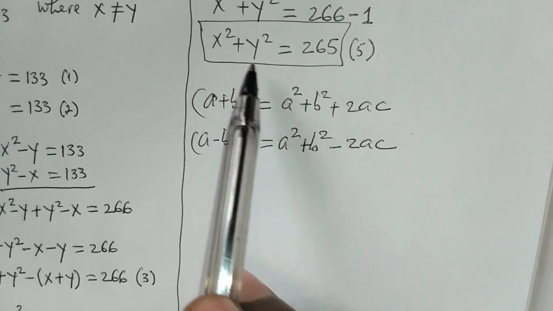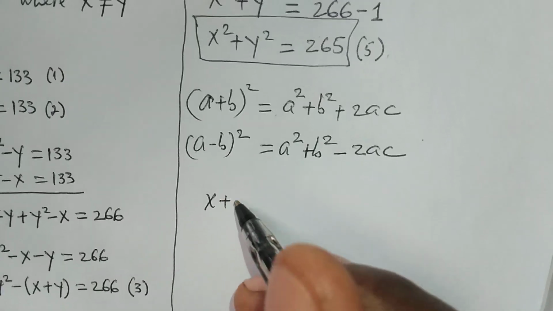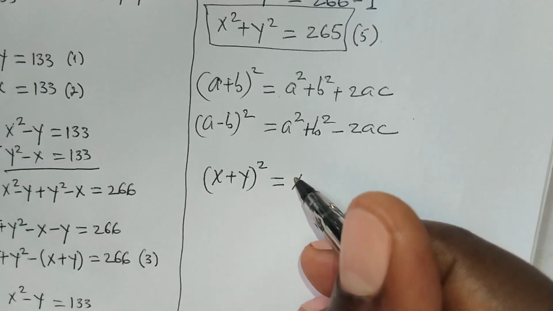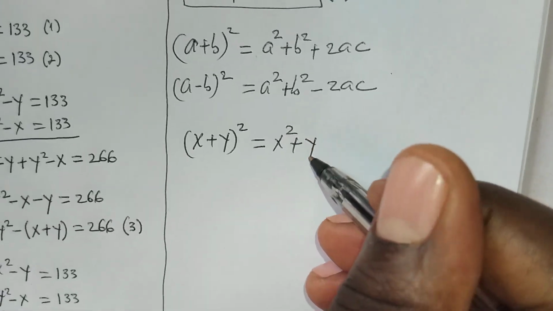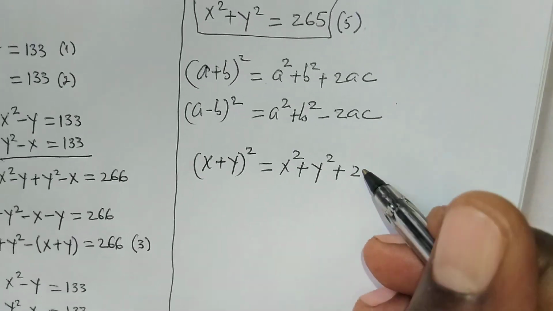So putting this in the form of this, x plus y square is equal to x square plus y square plus 2xy.